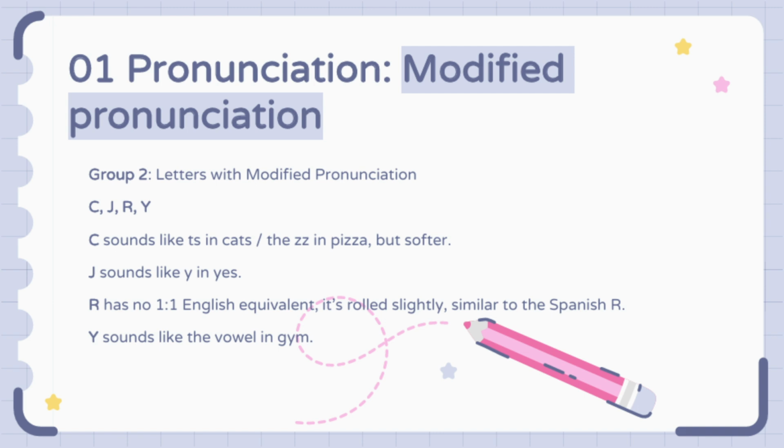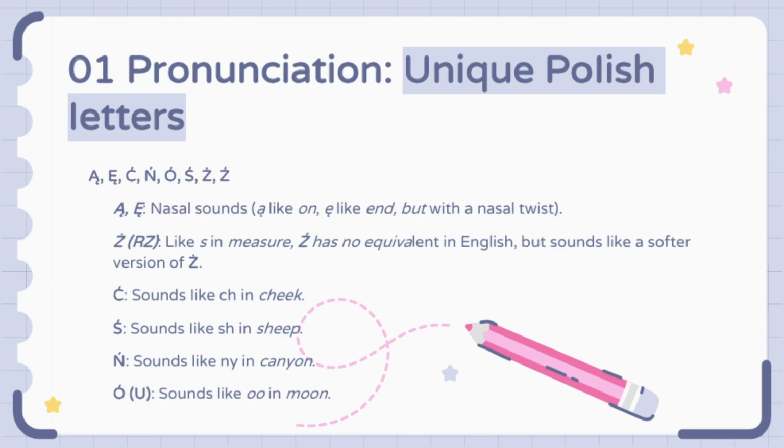J sounds like Y in yes. R has no English equivalent, since Polish R is a bit more similar to the Spanish one, as it's a bit rolled, just not as much as the Spanish R, but it is rolled a bit. And then DŻ sounds like J in gym.